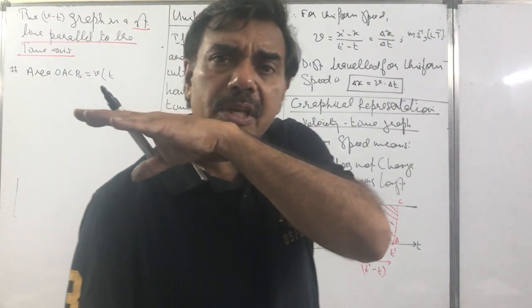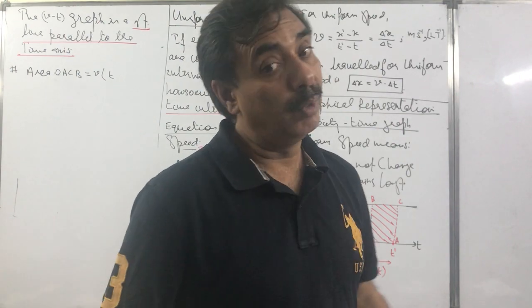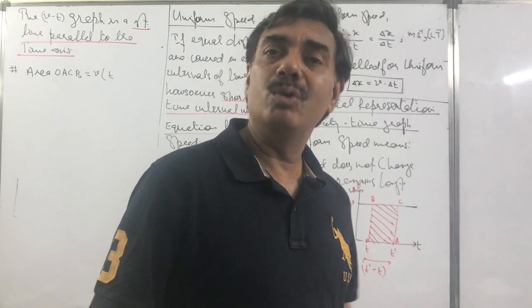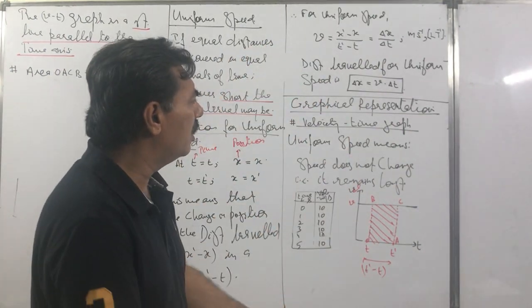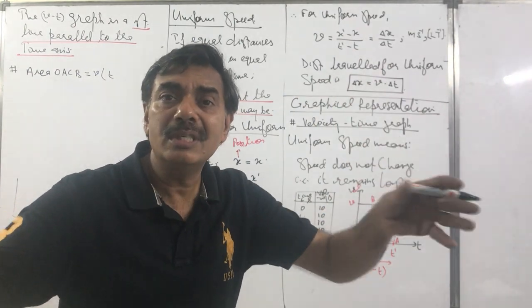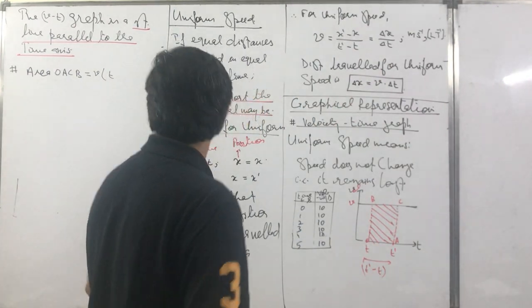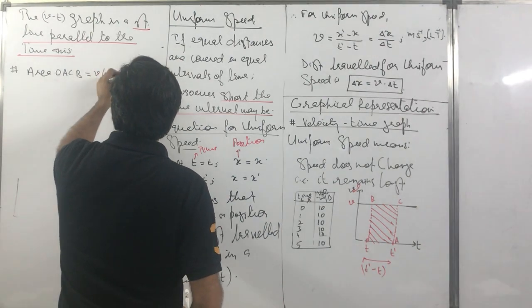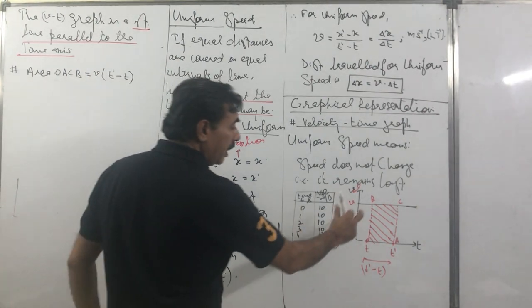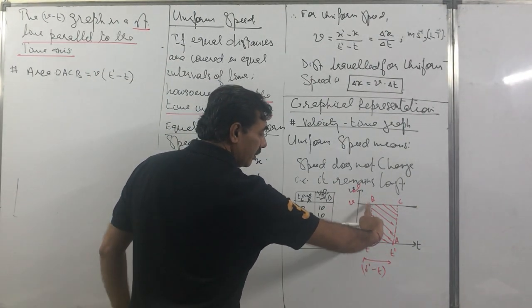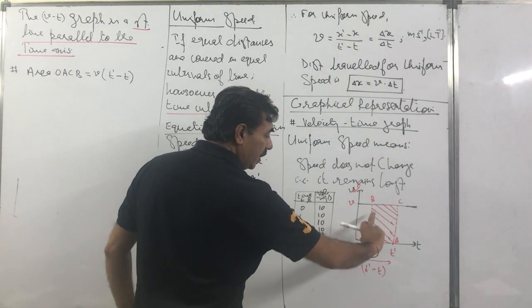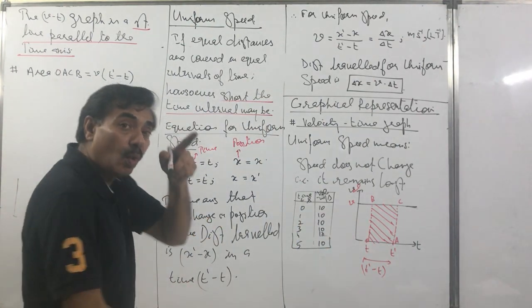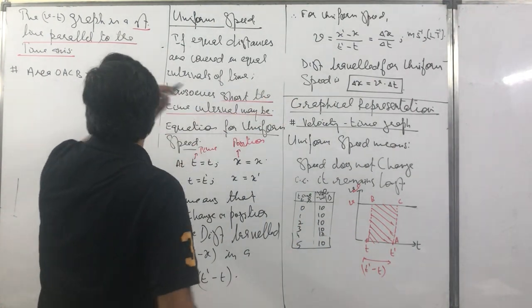Theory in itself in physics is meaningless. But to do the application, you have to know your theory first. Nobody will ask you directly, show graphical representation. You just have to know it and apply it. Area OACB is V into T dash minus T. I hope the area of this rectangle is length into breadth, V into T dash minus T, which we know is the distance traveled for uniform speed.